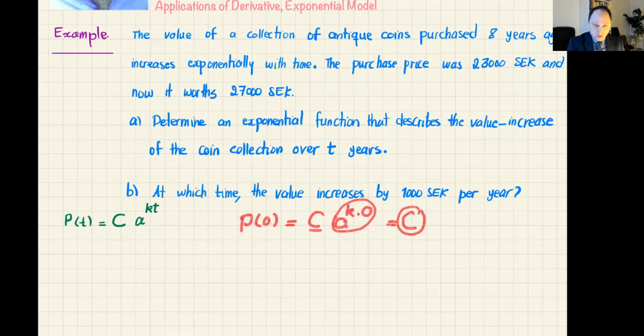You would say that this constant is the initial value of the function. So you see, c is the price at time t equals 0. That is the initial price in this problem. So the interpretation of this c is clear.